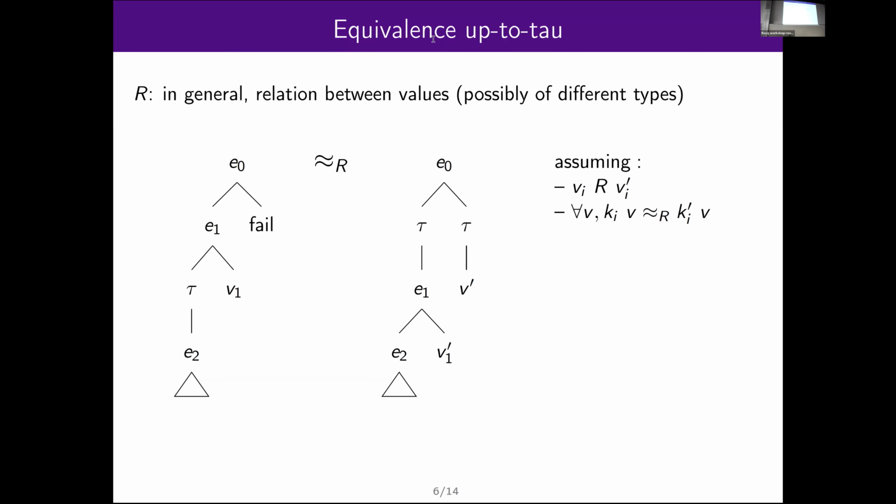And for the rest, it requires events to be exactly the same on both sides. Additionally, it allows you to match an error, a failure, with any terminating subtree on the other side.